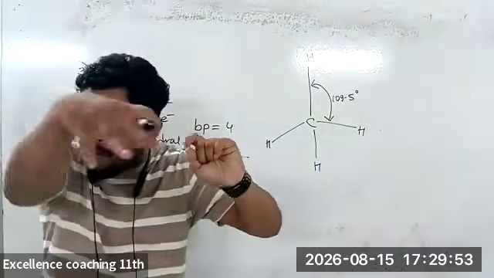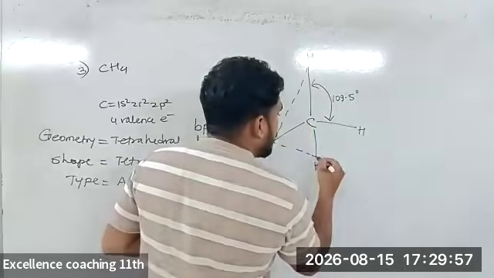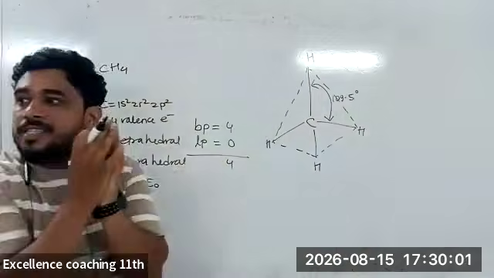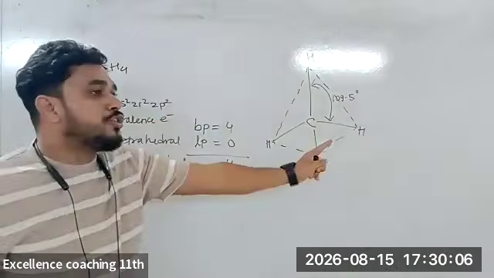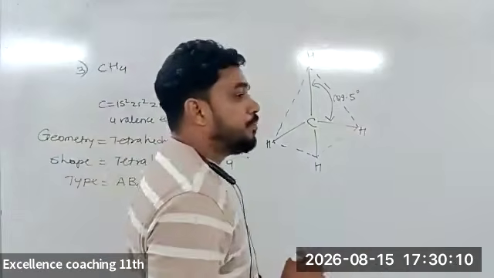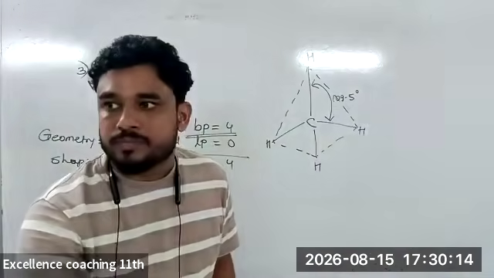The best possible way, the geometry of this is called tetrahedral. This is the possibility where the repulsion between all 4 bond pairs is minimum.